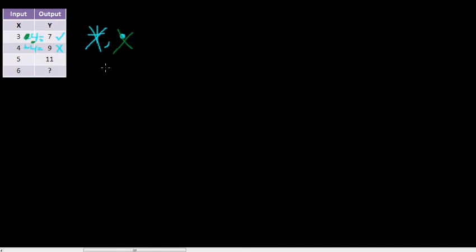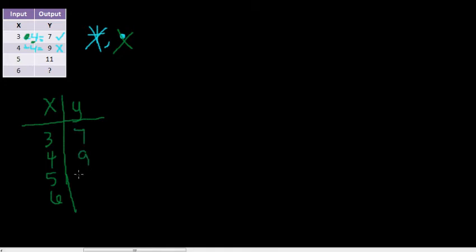So you're thinking to yourself, what can I do here? Well, let's start to look at some different options. I'm going to rewrite the table down here since it's nasty up there. 3, 4, 5, 6. 7, 9, 11, question mark.